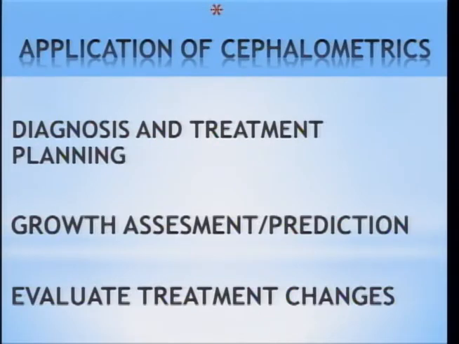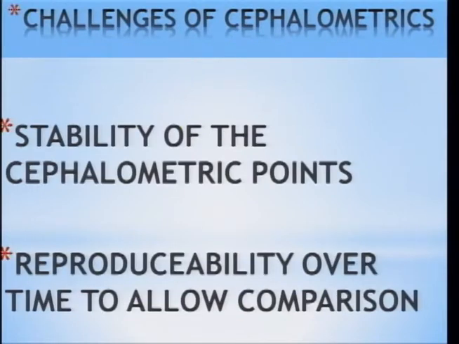The applications were for diagnosis and treatment planning, growth assessment, prediction, and evaluating treatment changes. The challenges of cephalometrics were finding stable points on the lateral head X-ray and reproducing those points over time to allow comparison.